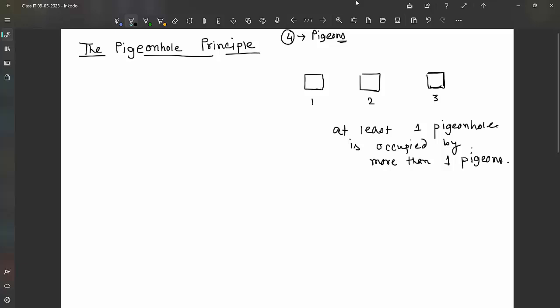Is it correct? Is there any doubt? At least one pigeonhole is occupied by more than one pigeon. You can give one by one, right? Am I audible?